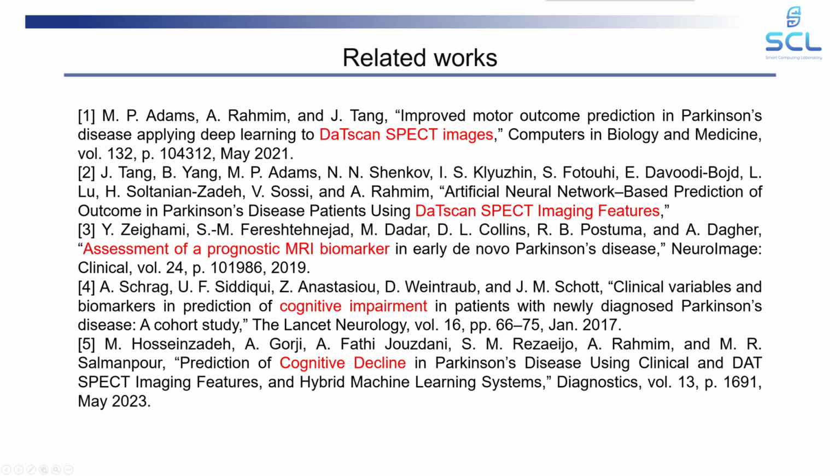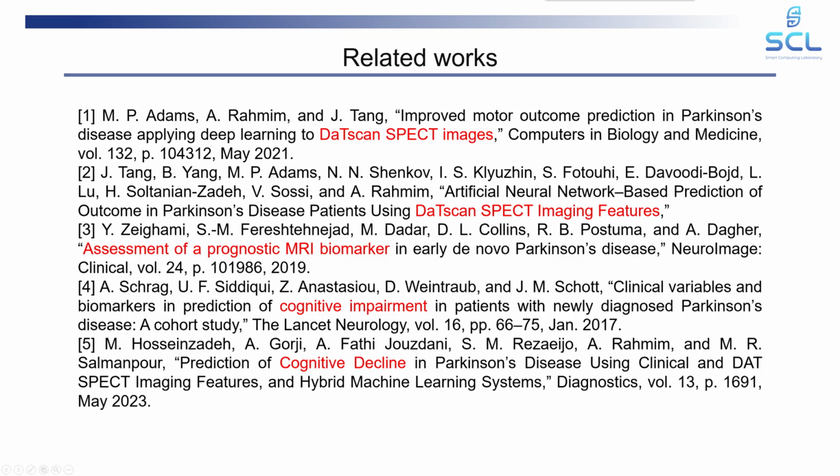Many studies have combined clinical features with SPECT images to better predict Parkinson's disease progression. The first paper used a CNN-based method to predict the UPDRS3 scores with longitudinal DAT SPECT images and clinical data.